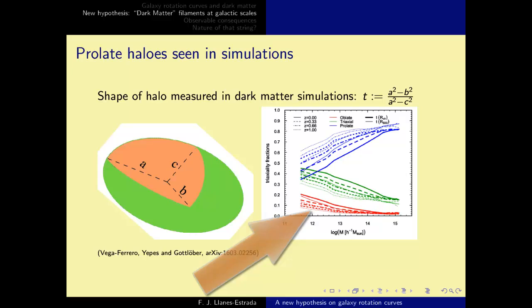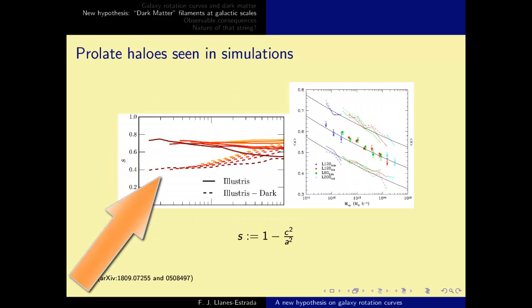This is in stark contrast with other astrophysical bodies, such as the Earth or other planets, stars, neutron stars, and so forth, that are oblate due to the centrifugal force pushing outwards of the rotation axis against gravity. Here we have an extraction from the illustrious simulation. The S parameter, a measure of the prolateness that is closer to 1 the more elongated an ellipsoid is, is shown to be significant.